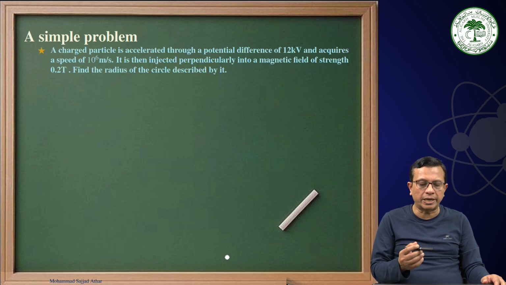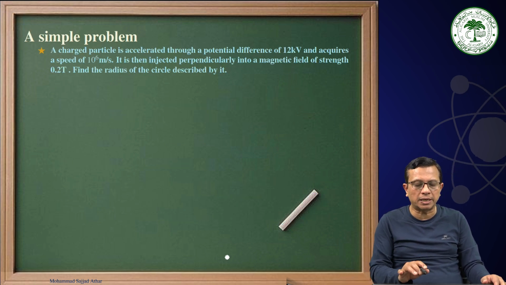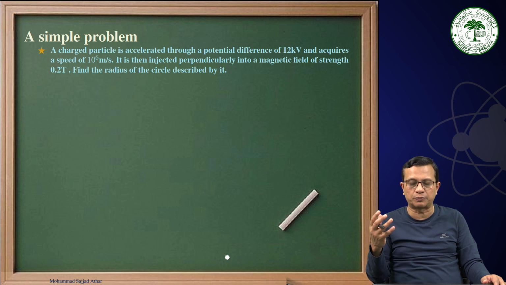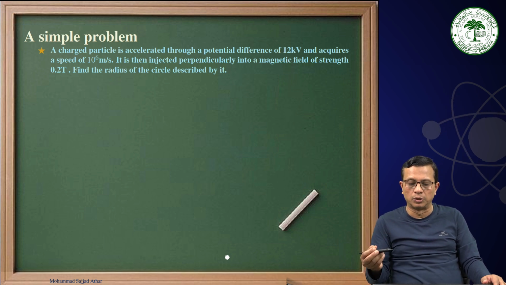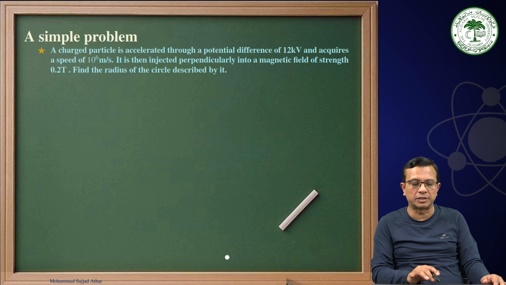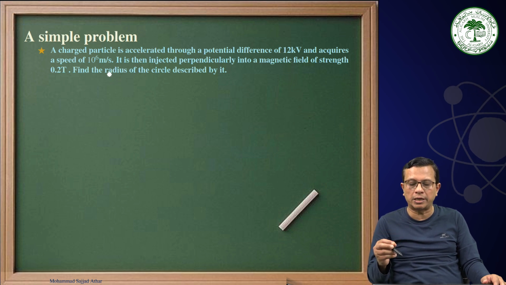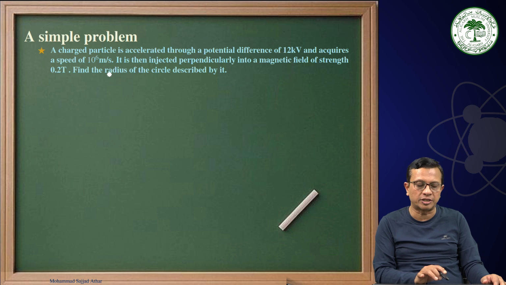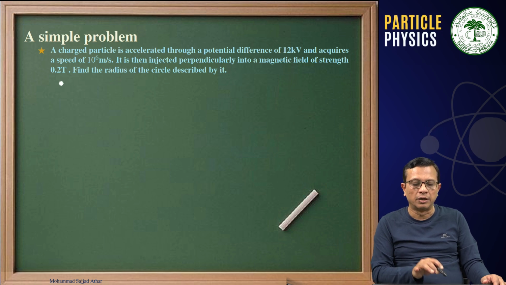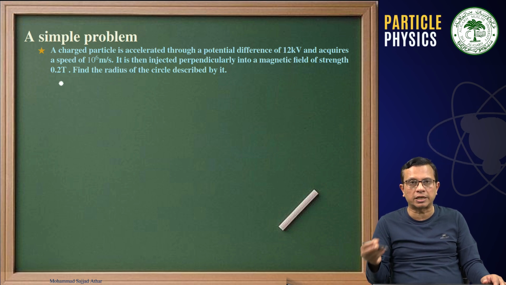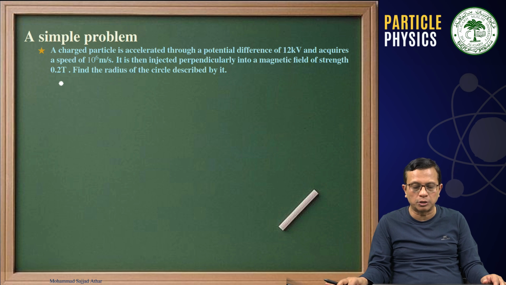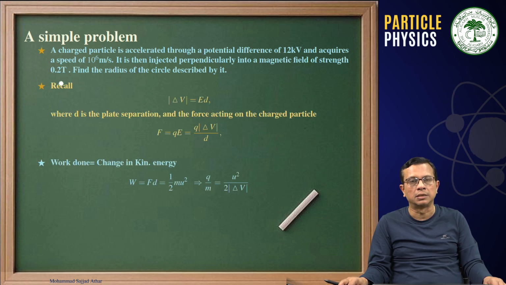For example, I have taken a very simple case. A charged particle is accelerated through a potential difference of, for example, 12 kilovolts and acquires a speed of 10 power 6 meters per second. It is then injected perpendicularly into a magnetic field of strength 0.2 Tesla. Find the radius of the circle described by it. What I have promised you is that this is 12th class physics.